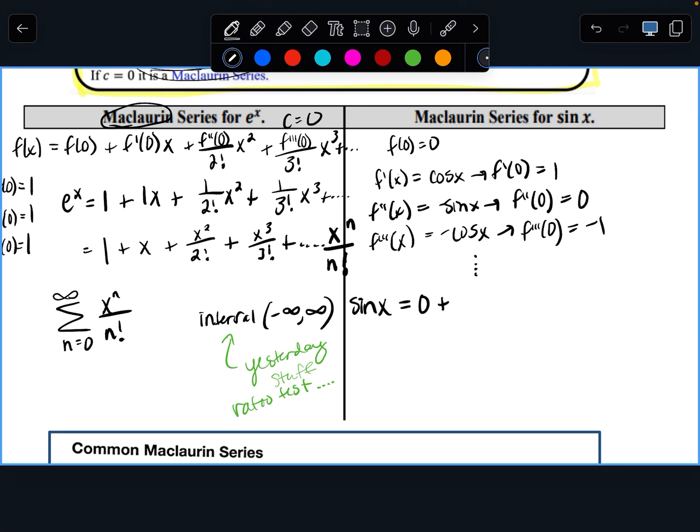Technically this would be 0 plus 1x plus 0 over 2 factorial, that seems kind of dumb, x squared minus 1 over 3 factorial x cubed, and so on, right?